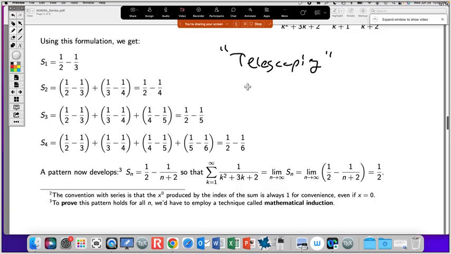All right. Can anyone think why? It's these old-timey telescopes that used to collapse. You take it out of your pocket, you extend it, and then you collapse it. That's why.